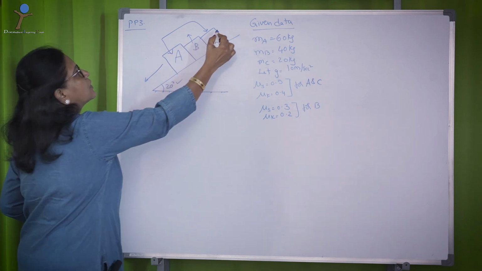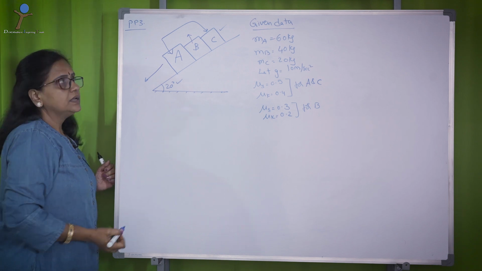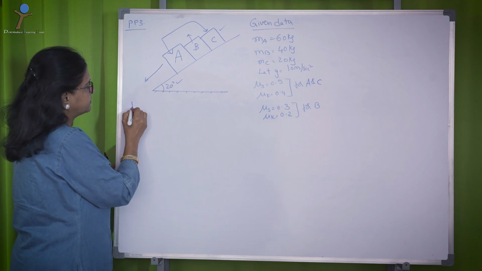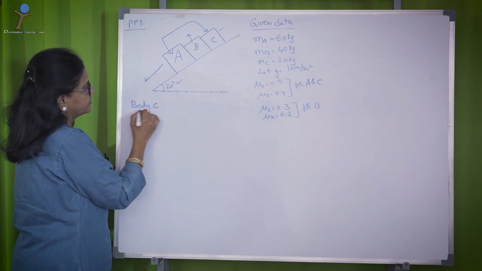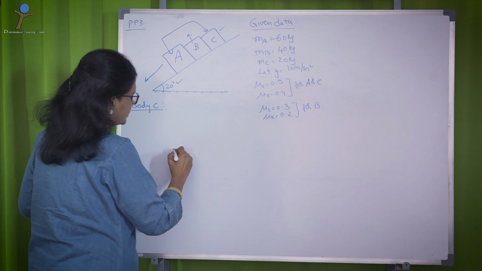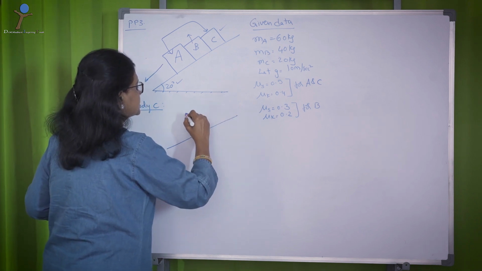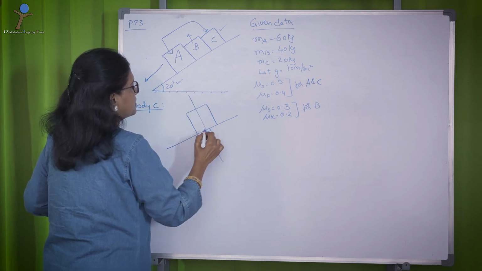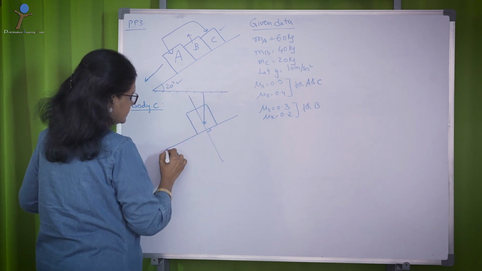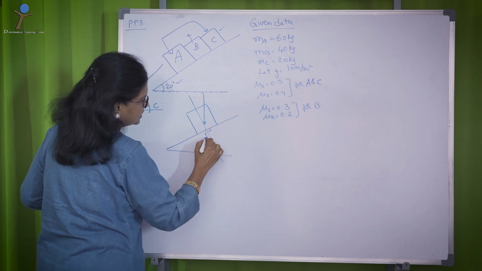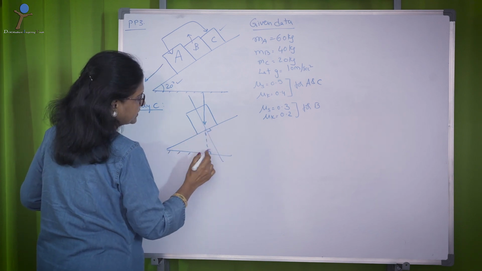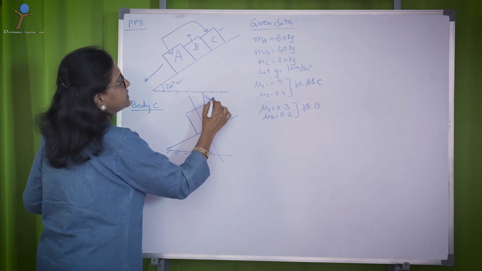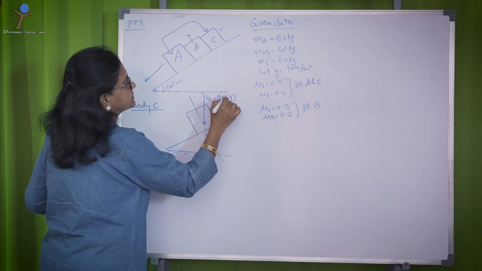Let us start with body C. We will draw the free body diagram for body C. The free body diagram of body C goes this way. Normal. The weight always acts perpendicular to the ground surface. Do not draw the ground surface here. This is WC, which is MC into g.